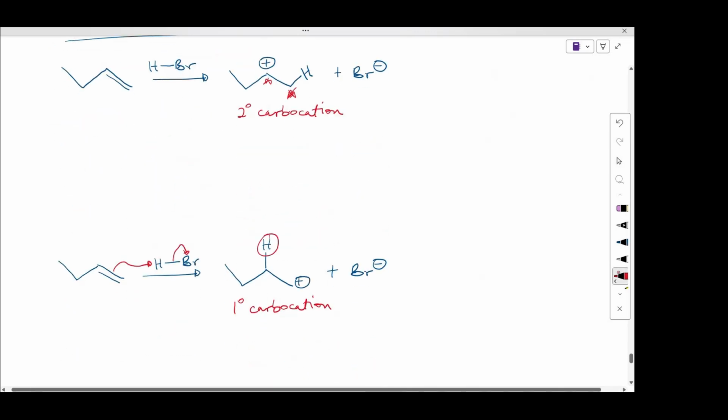Now that means we will form a primary carbocation. But remember that primary carbocations are not stable, so this reaction will prefer to go through the secondary carbocation. And this explains why we have the regiochemistry in which hydrogen adds to the less substituted carbon and bromine adds to the more substituted carbon.